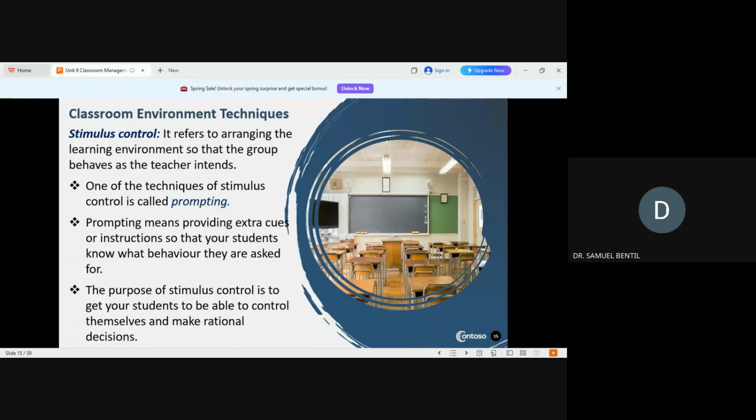And take note, the purpose of stimulus control is to get your students to be able to control themselves and make rational decisions. That's why the kind of strategy you put in place will ensure whether they are going to achieve that intended behavior or otherwise. So the essence of stimulus control is to enable your students to control themselves in the classroom and make rational decisions.